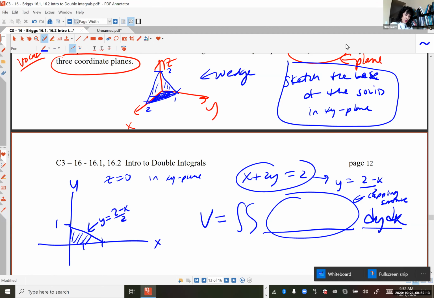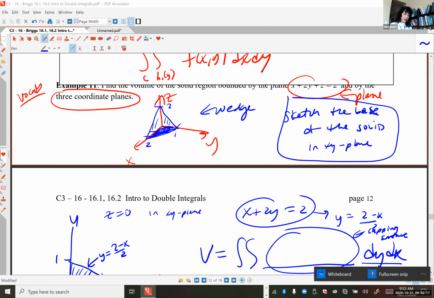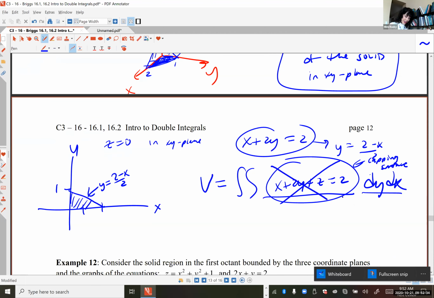So what's my capping surface? I have to be really careful. They gave me a plane equation. So do I just put the whole plane equation in there? x plus 2y plus z equals 2. Is that what you put in there? No, that is not what you put in there. So what are you going to put in there?